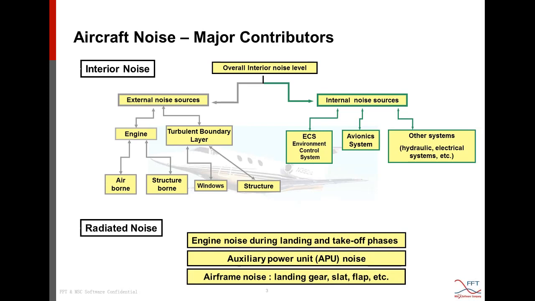And in general, airframe noise, which is of broadband nature, is caused by, for example, landing gear or the high lift devices like the slat and flap on the aircraft wings. So as I said, all these noise sources and their transmission paths have been analyzed using Actran. Today I will pick some major noise sources and transmission paths and discuss how these problems could be addressed by acoustic simulation.